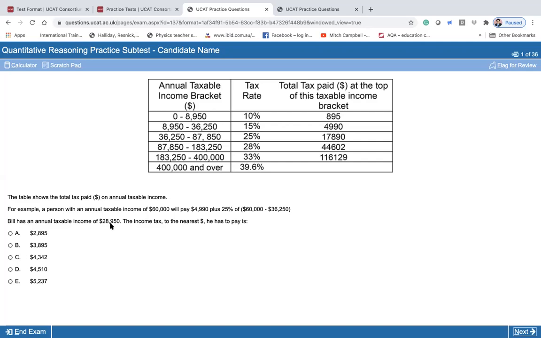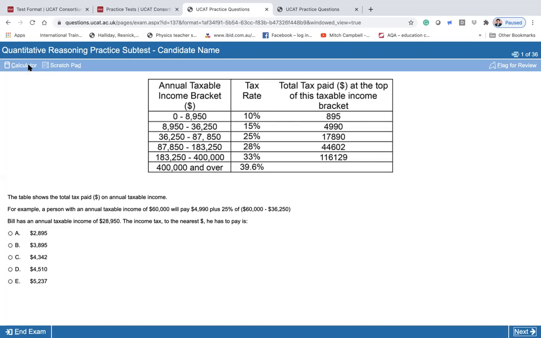The income tax to the nearest dollar he has to pay is, obviously, he will be paying 895 plus 15% of 28,950 minus 8,950. 28,950 minus 8,950 comes out to be 20,000.